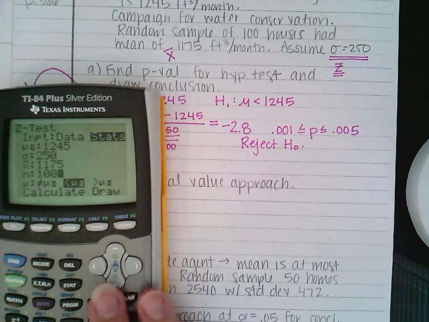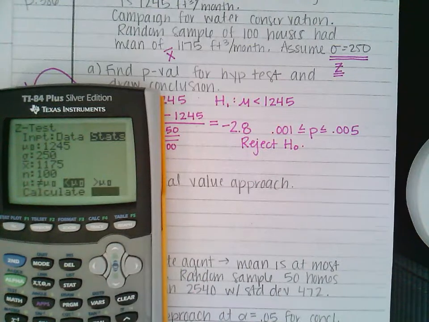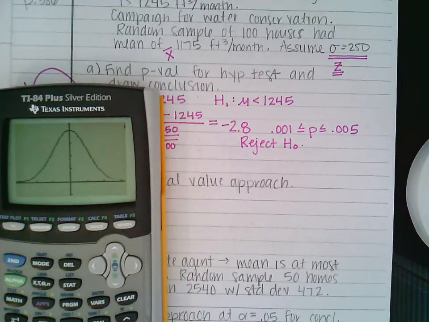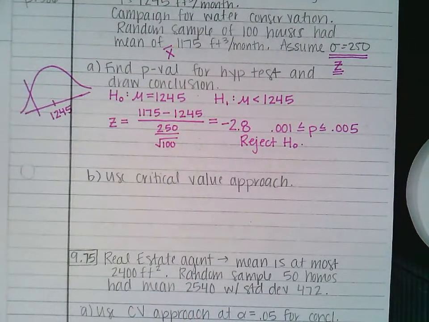We're doing a less than, and we tell it to draw. Then it finds the exact p-value for us, 0.0026, which would be between 0.001 and 0.005. So we did the correct answer here, and we would reject H0.